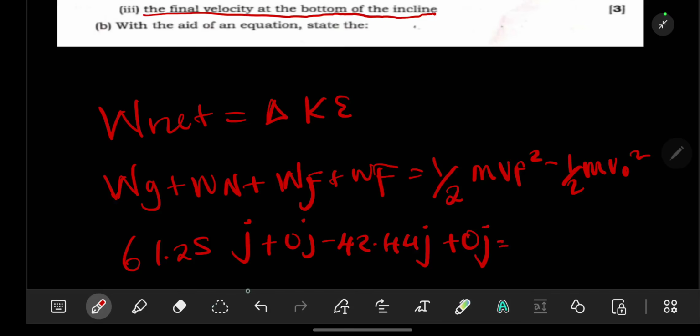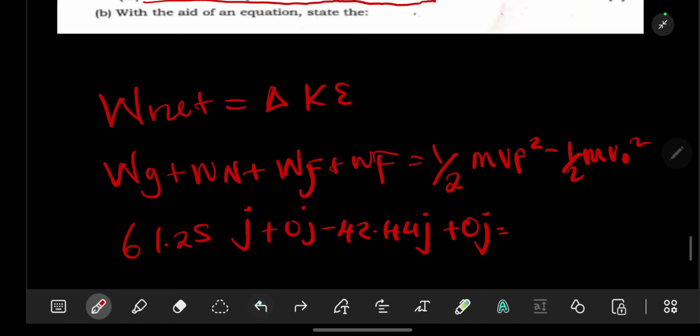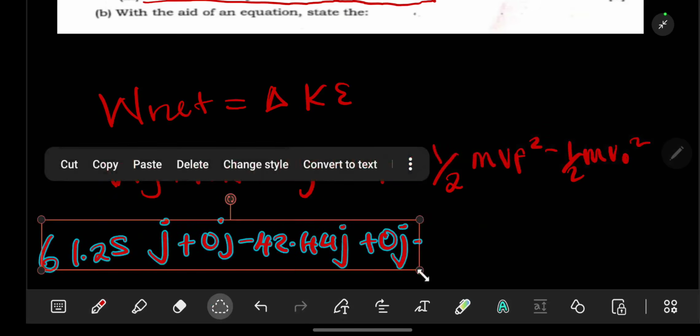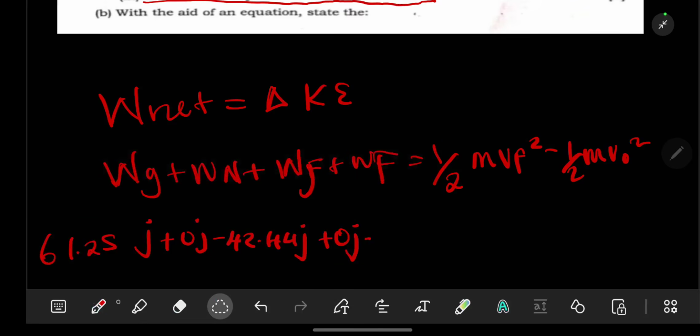This should be equal to, moving this a bit, half, and m is common, so we can factorize: half m times v final squared minus v initial squared.